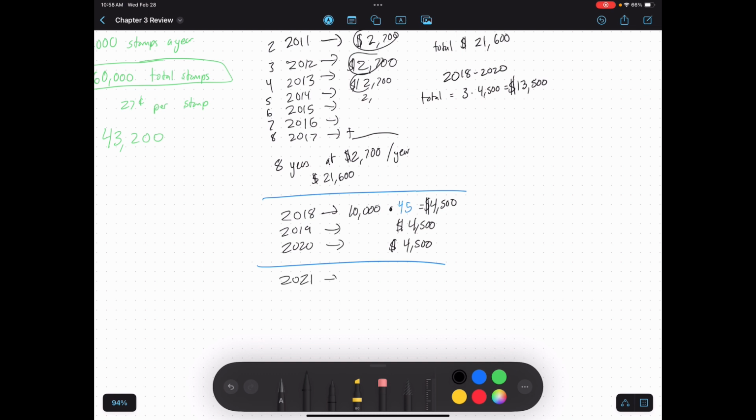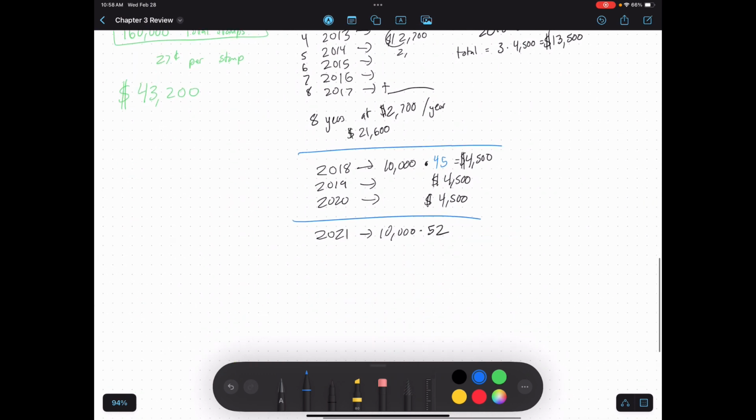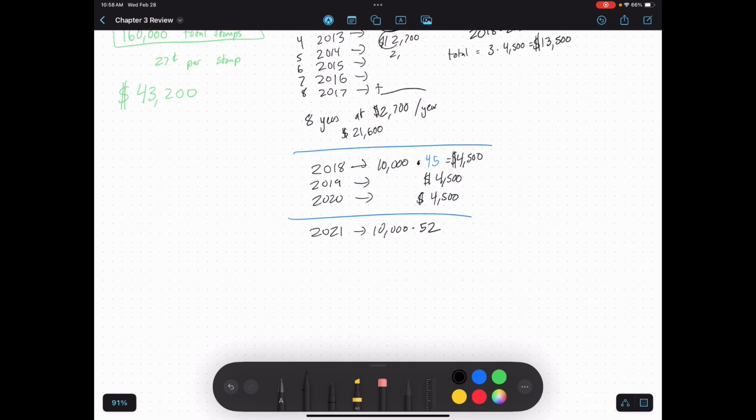2021. I still need 10,000 stamps, but now the price has increased to 52 cents, right? I can see that right here. That's what I got in part C. The price is now 52 cents, which means my total price for the year is $5,200. How many years am I doing this? 2022, same price. 2023, same price.